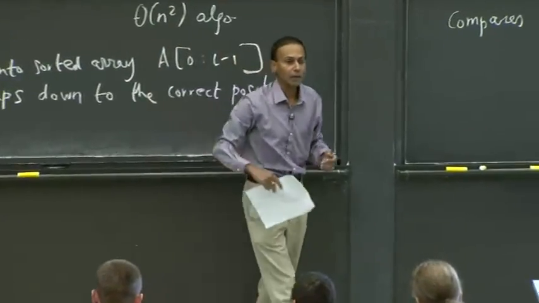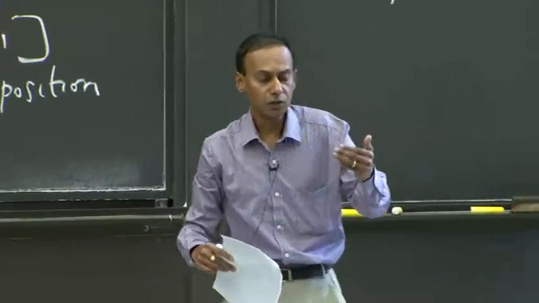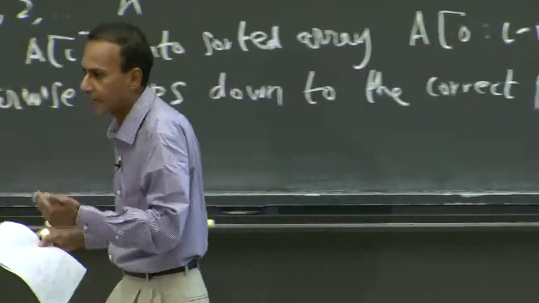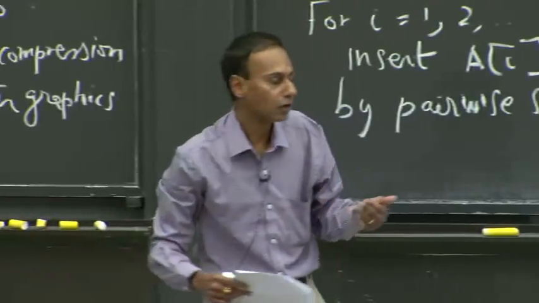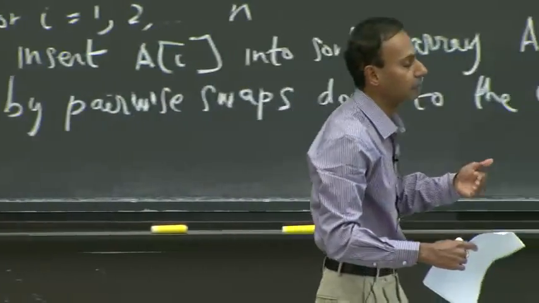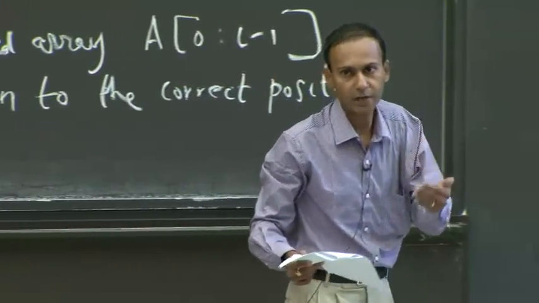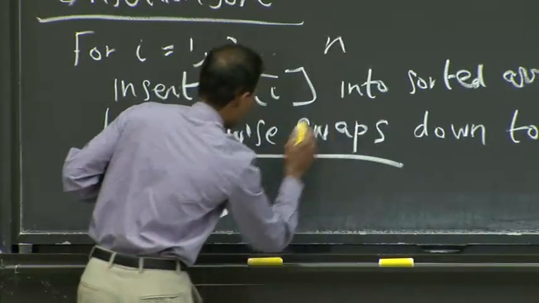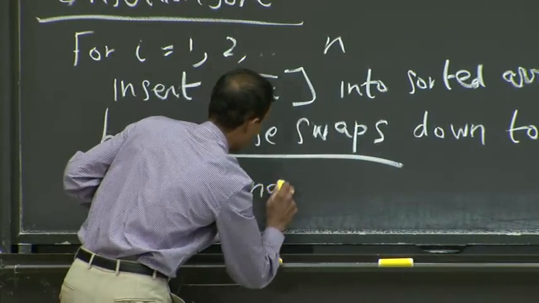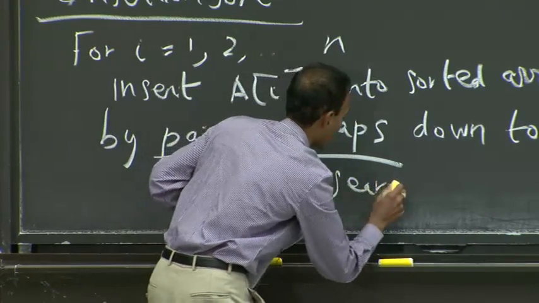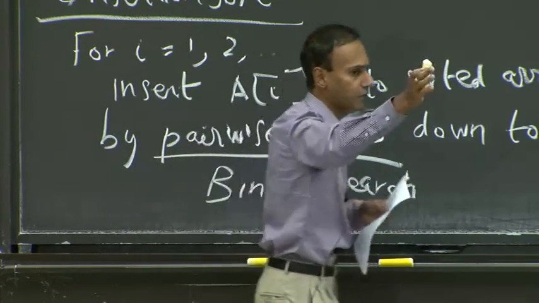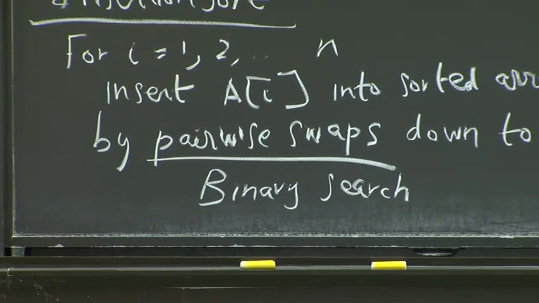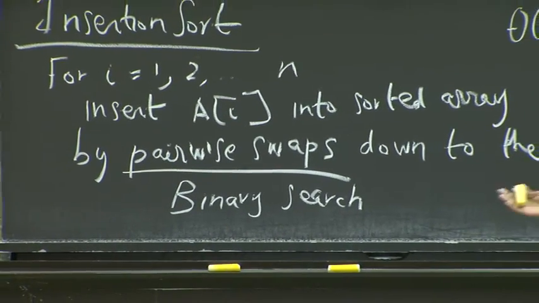Okay, and so you can take insertion sort and trivially turn it into a theta n log n algorithm if you're talking about n being the number of compares. All you have to do is say, you know what, I'm going to replace this with binary search. And you can do that, and that was the key observation, because A of 0 through i minus 1 is already sorted, right?